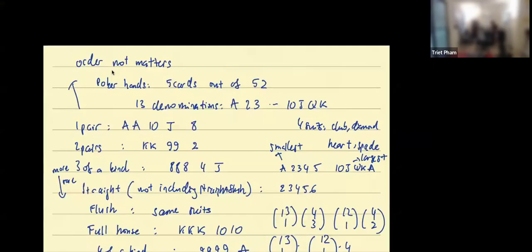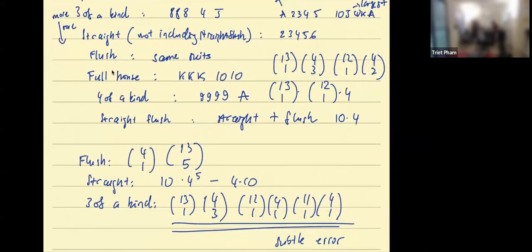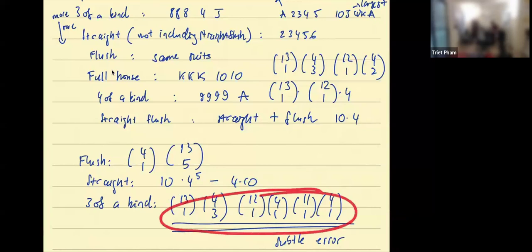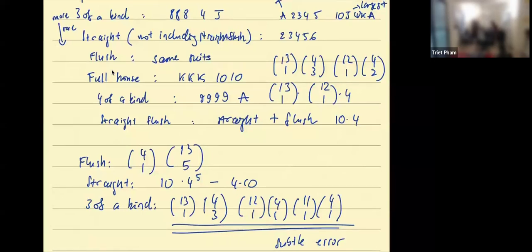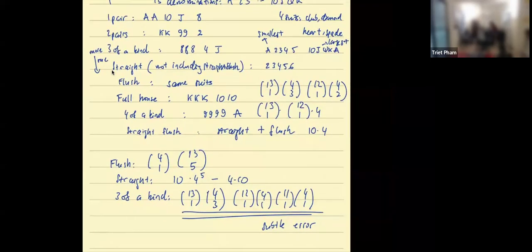So back to the discount, and let's try to address this. The spirit of this count is correct in the sense that first you choose the denomination of the three of a kind. Out of four suits you choose three for the three of a kind.